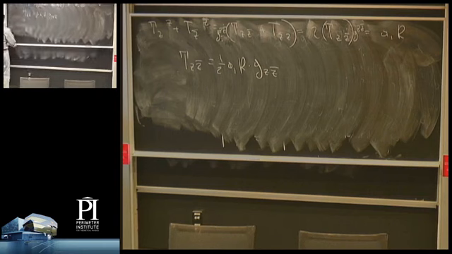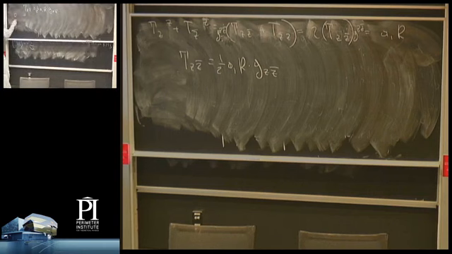So now I'm just going to evaluate this covariant derivative. I'm going to evaluate del z̄ of T_{z z̄} from that.